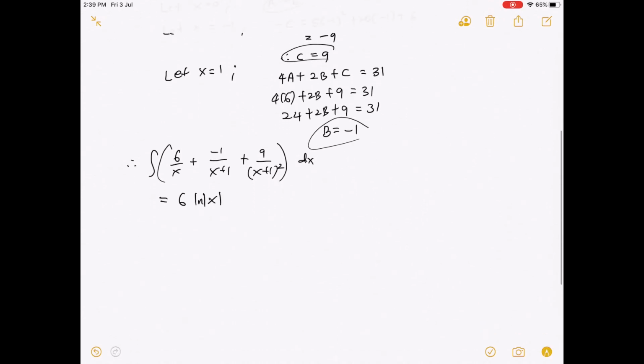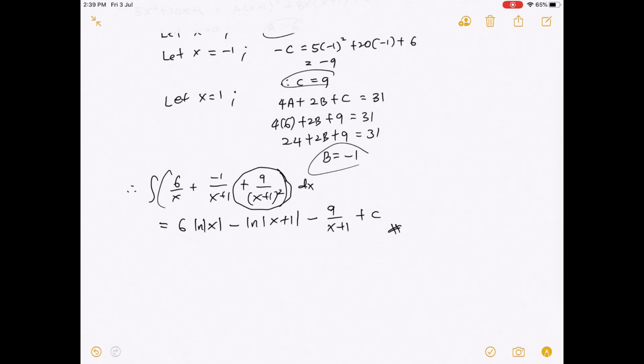Okay, so then say 6 ln x minus ln x plus 1 minus 9 over x plus 1 plus, okay, remember this one, it is not ln, because you have x plus 1 to the power of 2.